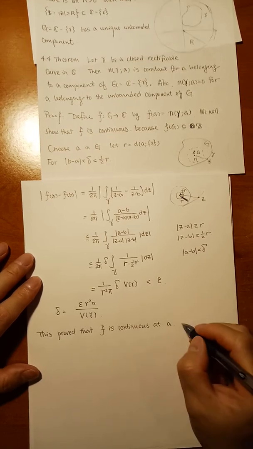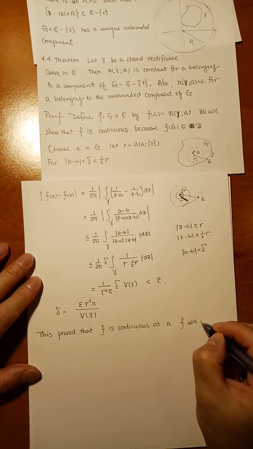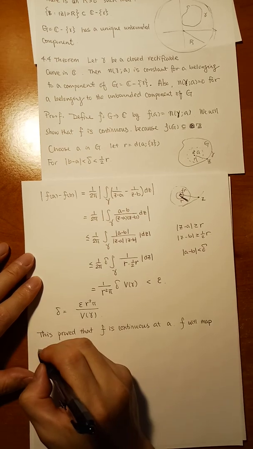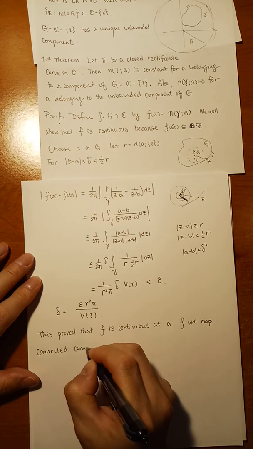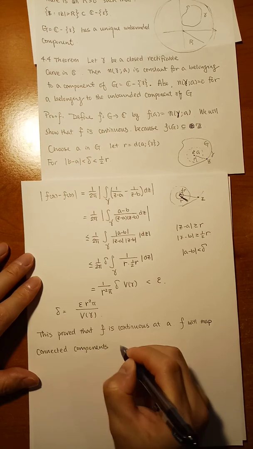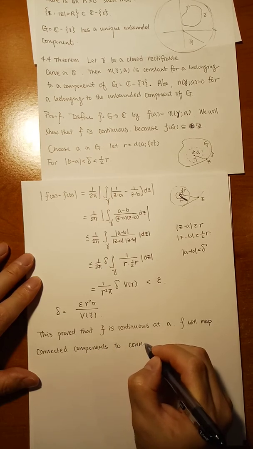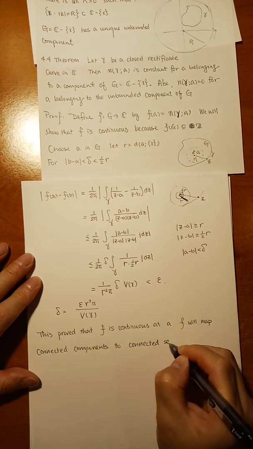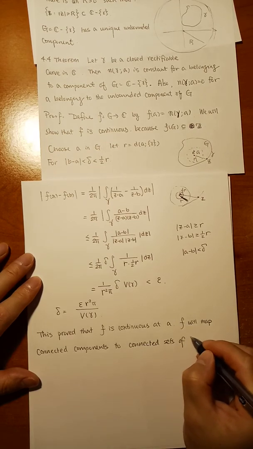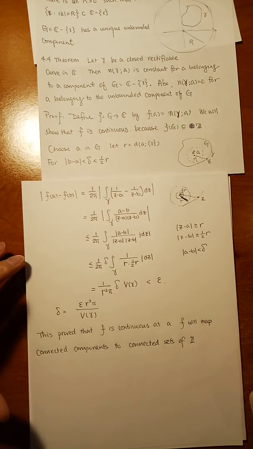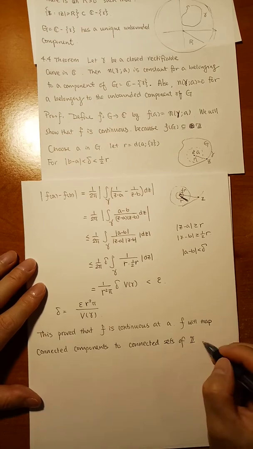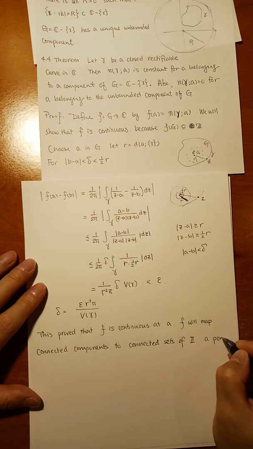Then f will map a connected component to a connected set of Z. Connected sets of Z are just points.